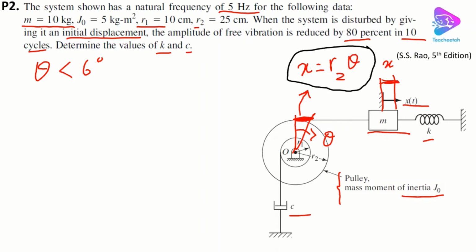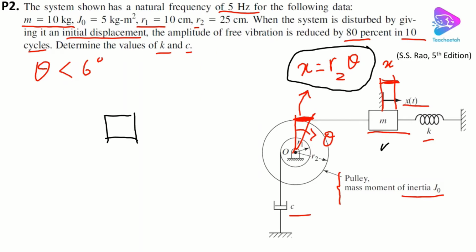This is very important, and we need to use it in the future when we want to make only one equation of motion. Okay, now let's look at the mass system. I want to draw it here.